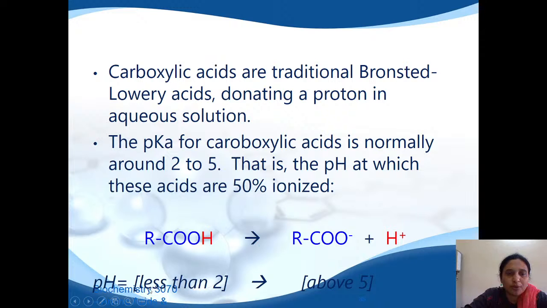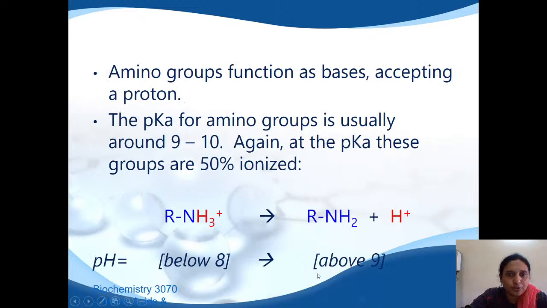And here, this is the carboxylic acid. As it exhibits acidic nature, it is ready to donate its proton and becomes carboxylate. So at acidic pH it may exist like this. The next one is amino groups. They function as bases, meaning they are ready to accept a proton. The pKa for amino groups is usually around 9 to 10, and at that pKa these groups are 50% ionized.